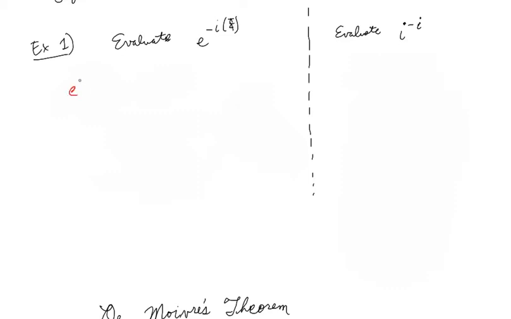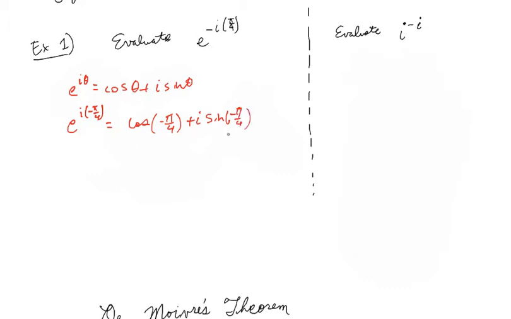Well, we know that e to the i theta is equal to cos theta plus i sine theta, right? So if I can make this look like this, then I'm good. So this would be i times minus pi over 4. That's really what's happening, right? So this becomes cosine of minus pi over 4 plus i sine of minus pi over 4.